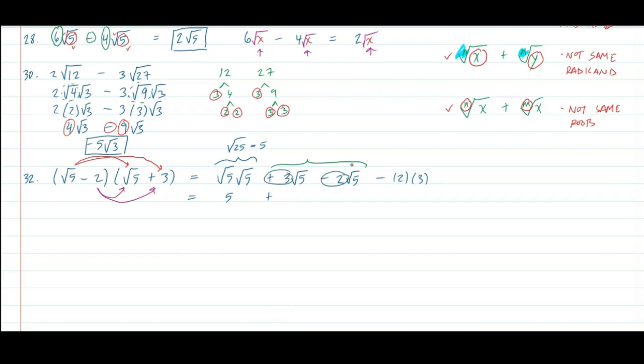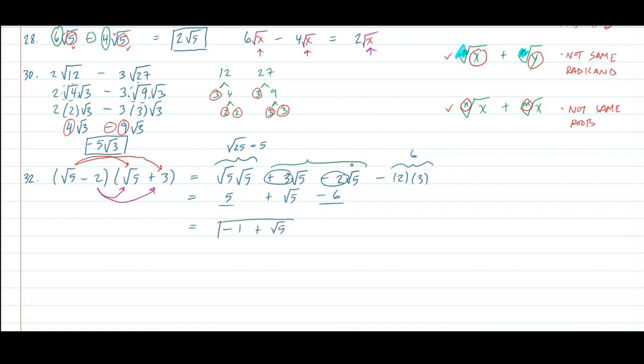So it'll give you 3 minus 2, which is 1, and then the root of 5. And finally, if you look at this piece right here, that's going to give you a 6. So you'll have a minus 6. Simplify that a little bit, and you end up with negative 1, because 5 minus 6 is negative 1, plus a root of 5.